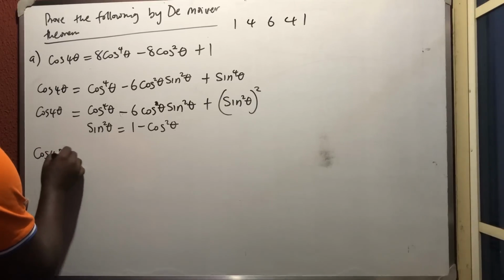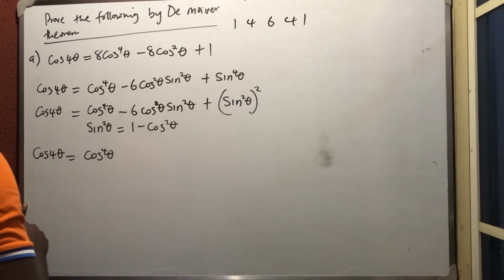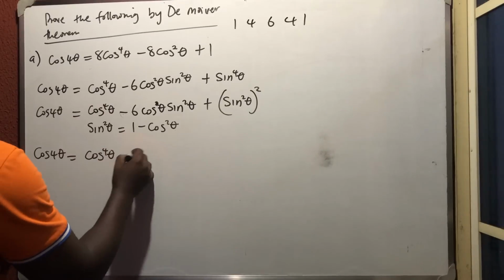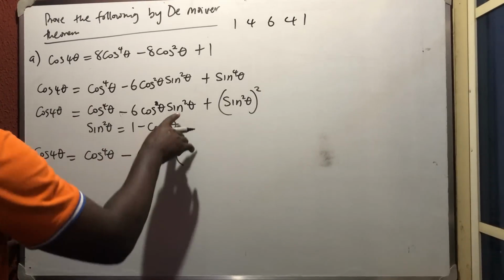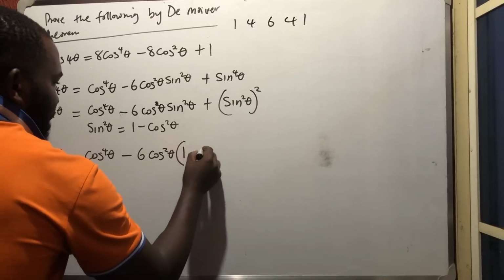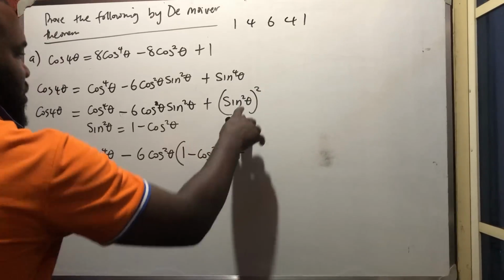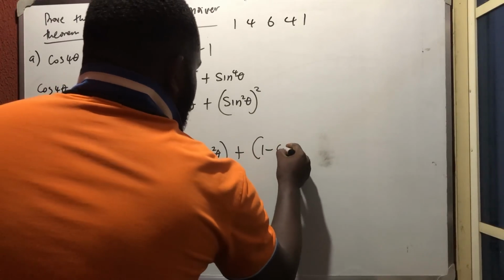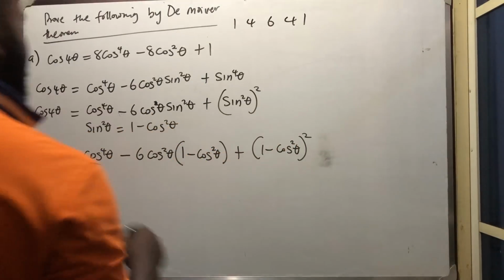Cos 4 theta is equal to cos^4 theta like this, minus 6 cos square theta in bracket of, instead of writing this, I'll write 1 minus cos square theta, okay, plus this one is again 1 minus cos square theta all squared. So let us open the bracket.